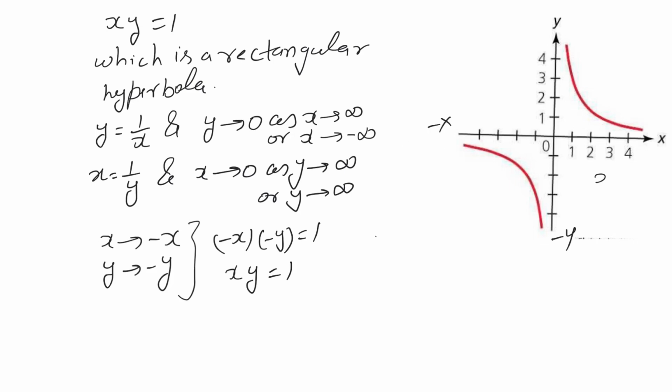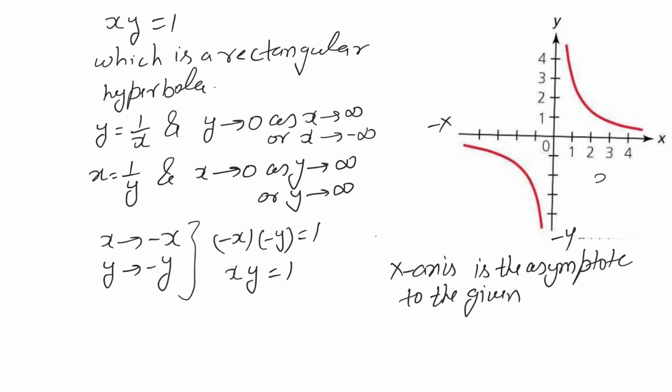So therefore we can say that x-axis is the asymptote to the given curve, and this asymptote is known as horizontal asymptote.